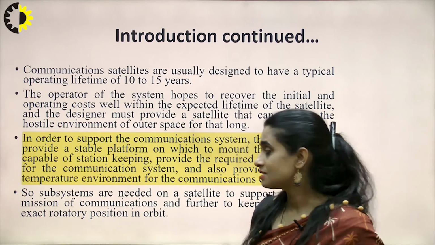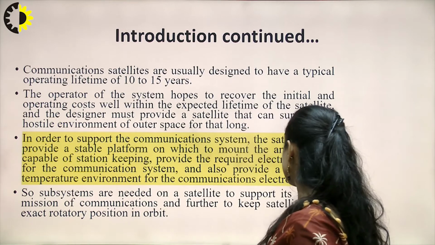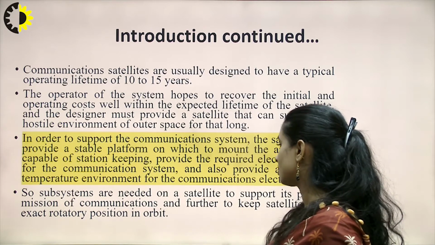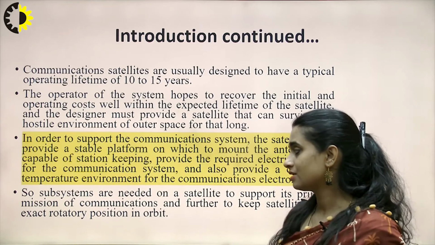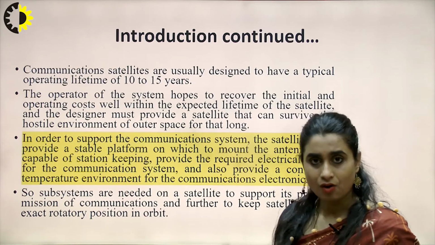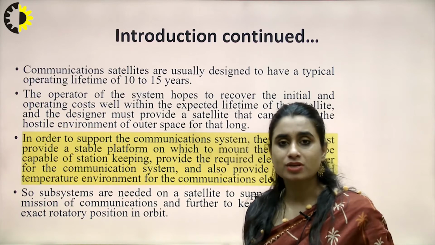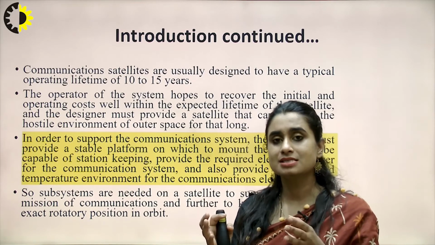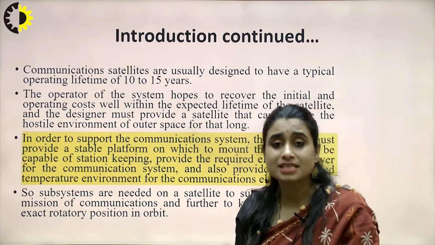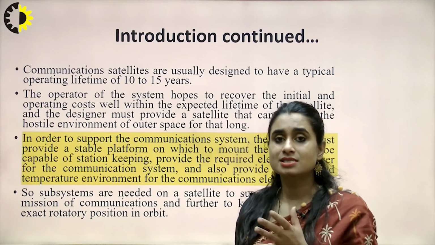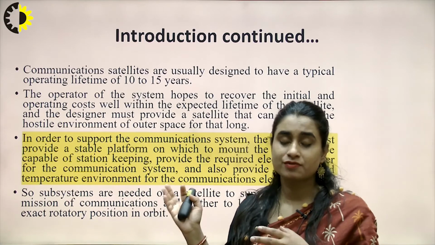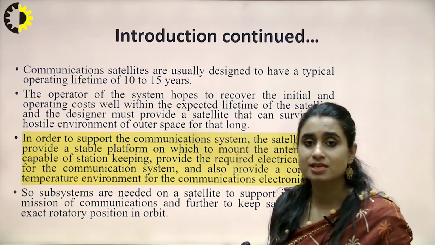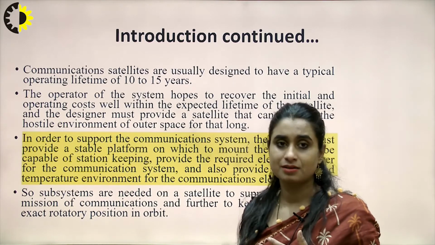So, subsystems are needed on a satellite to support its primary mission of communication and further to keep the satellite in its exact rotatory position in orbit. So, we need a supporting system. If we need to keep our satellite in orbit for 15 years and provide the same functionality for uninterrupted services for 15 years, we need some supporting system that will help it, right?